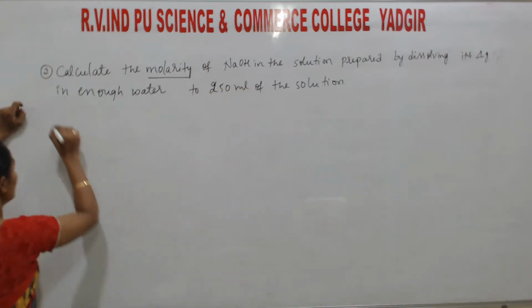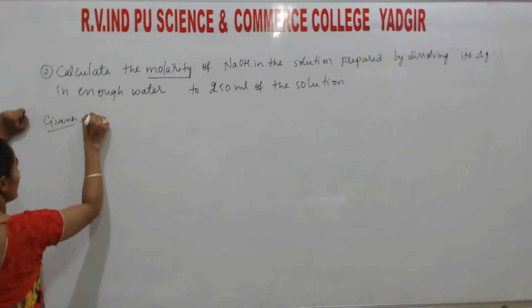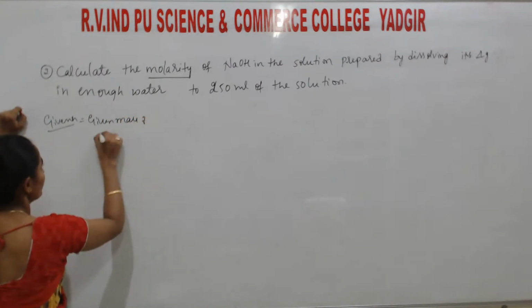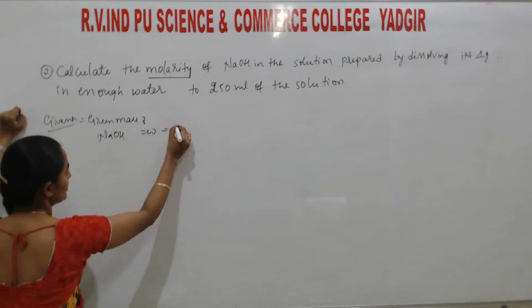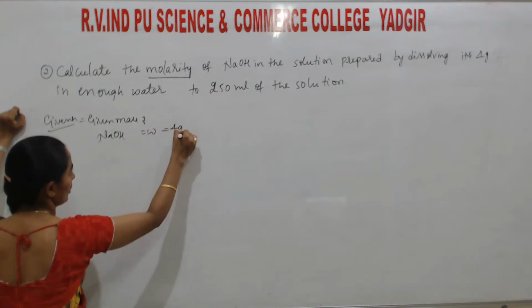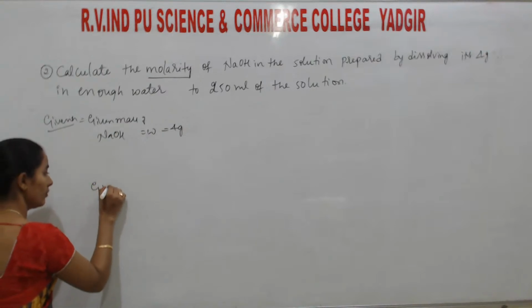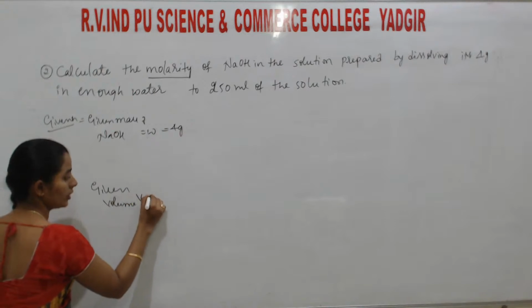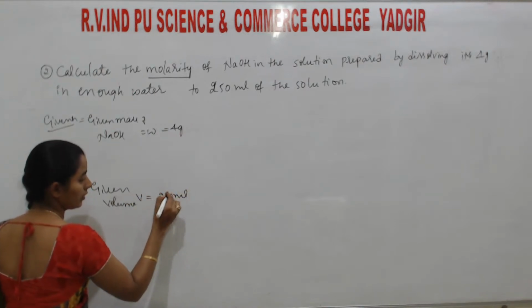So first write the given data. Given mass of NaOH, that is W, is equal to 4 gram. Next, given volume V is equal to 250 ml.